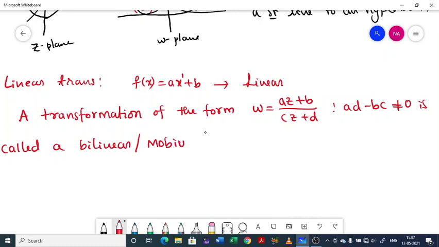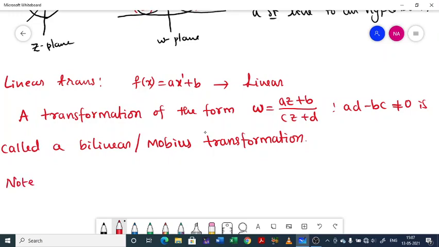That is another name for this, Mobius transformation. As I said, this is called bilinear transformation because it is linear in both the variables w and z. It is linear in w and also linear in z.